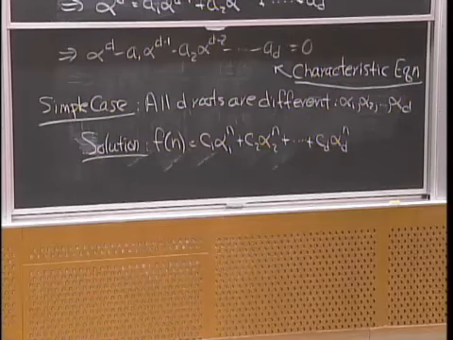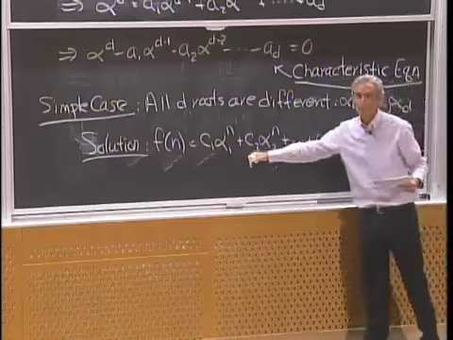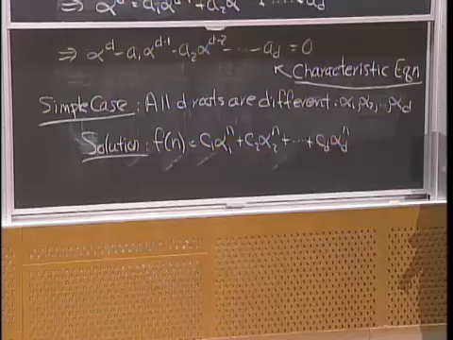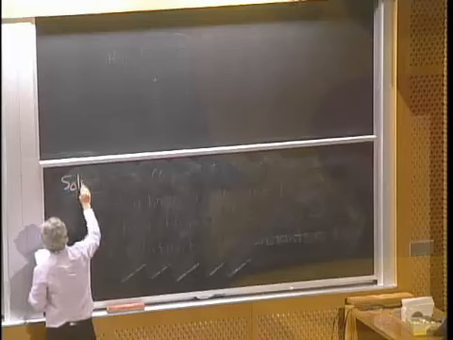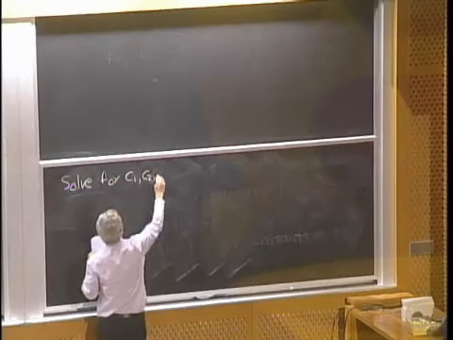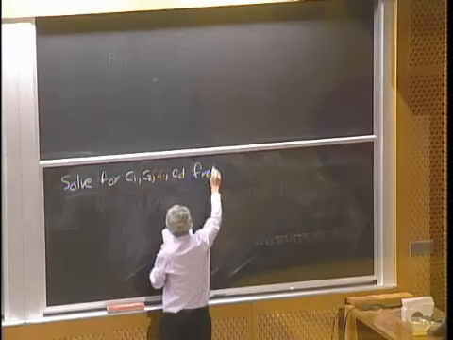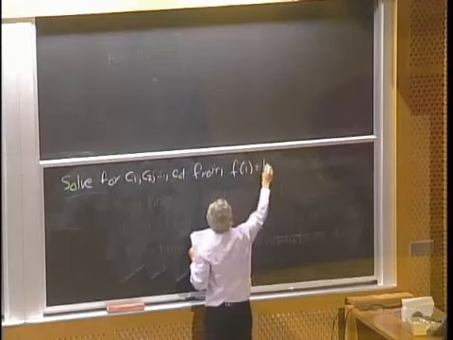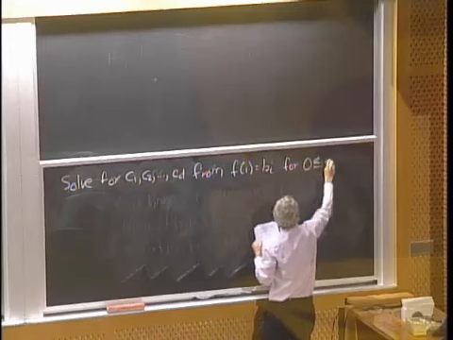All right. Okay, now to find out the values of the coefficients, what are we going to do? Boundary conditions, yep. So now we solve for C1, C2, C_d from the boundary conditions. That is, f of i is b of i for i from 0 to d minus 1.